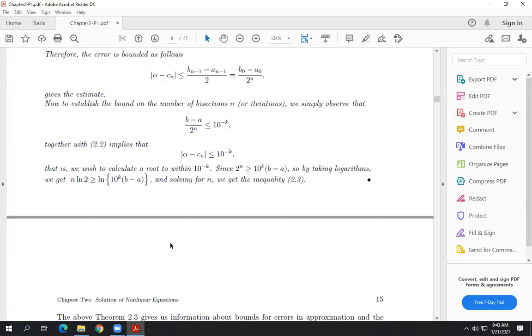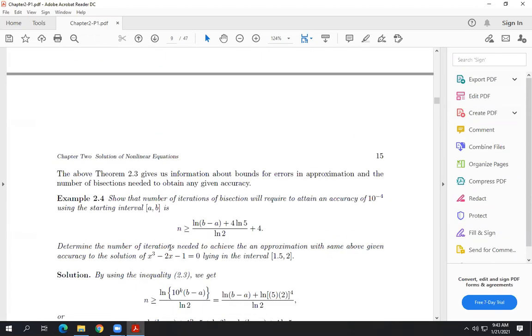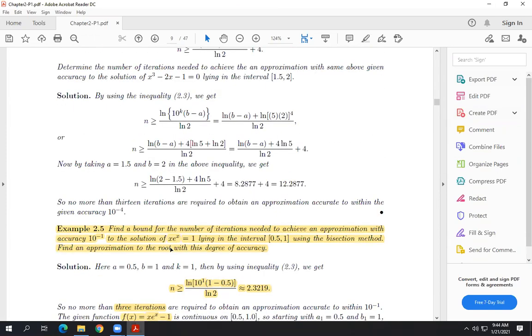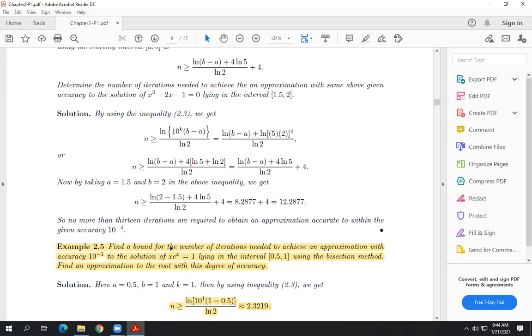Remember that one here. Let me give you the last example for today. Then we continue next time. Yeah, this is a good example. I give a minute of time here. He says find a bound. Bound means error bound. Find the bound for the number of iterations needed to achieve the approximation accuracy 10 to the power minus 1 to the solution of this nonlinear equation, with the given interval, with the help of the bisection method.